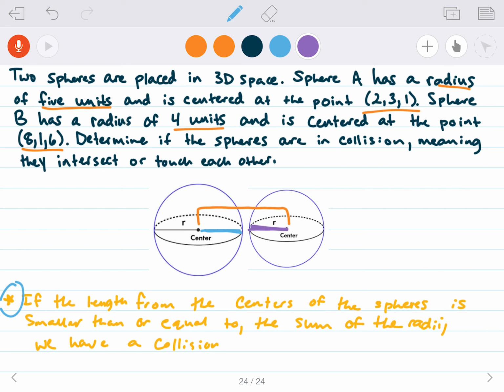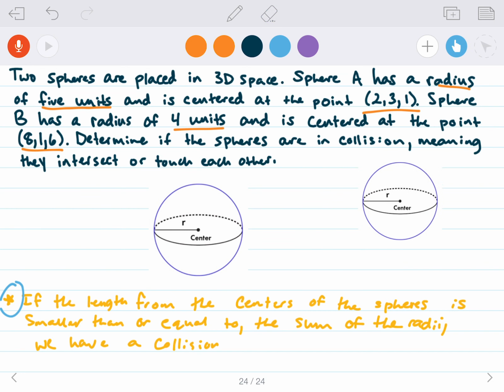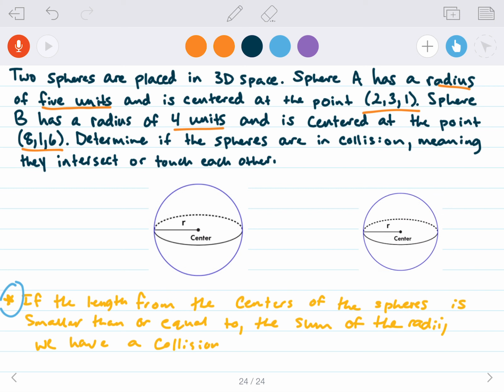So that's one case. Or what if I drew it a little bit differently? Maybe I put the sphere way over here. And so we can see now that if I extend the radius here, extend the radius here, so this is R1, first radius, this is R2, second radius, and then the distance between the centers is going to be represented by this orange.